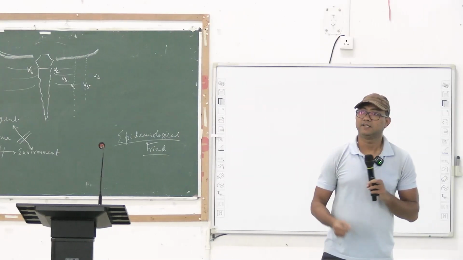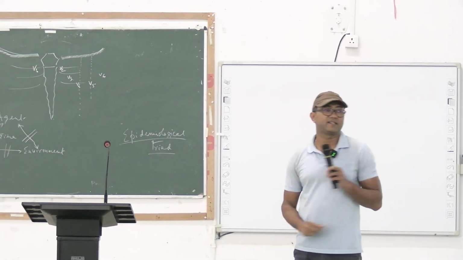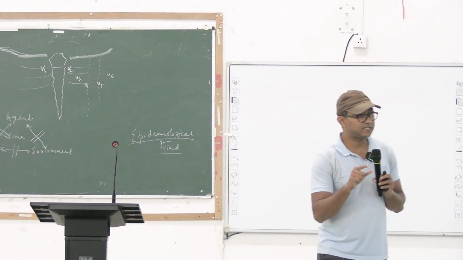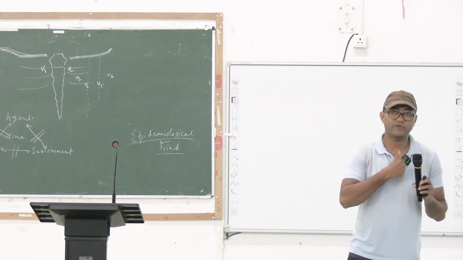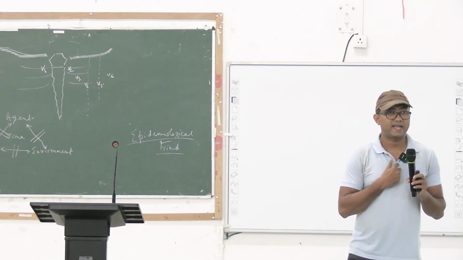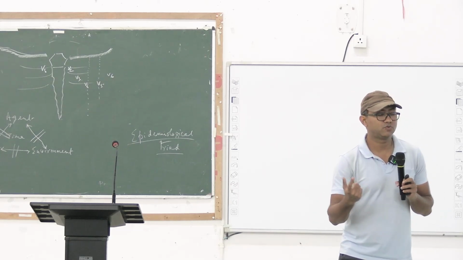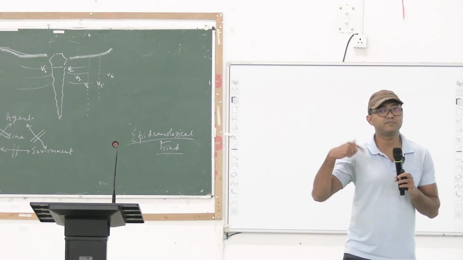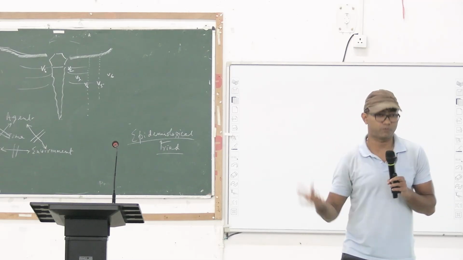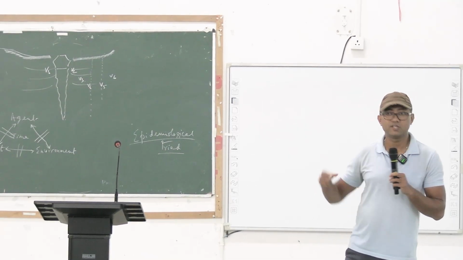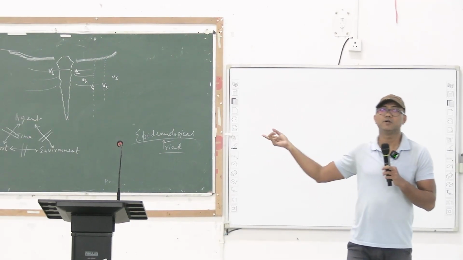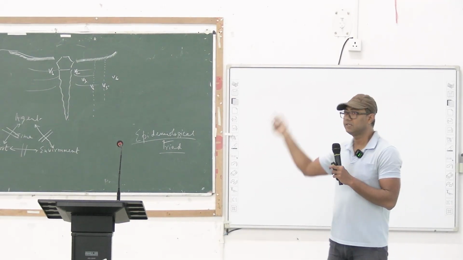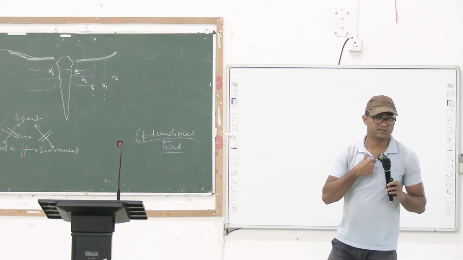The answer is, all these chest leads measure potential difference between the point where the lead is attached and another point which is located within the ECG machine, which is the neutral point. So, V1 measures potential difference between neutral and this point.